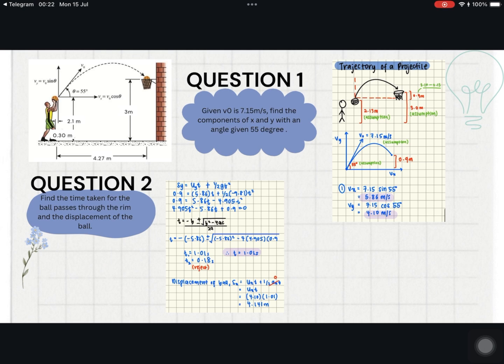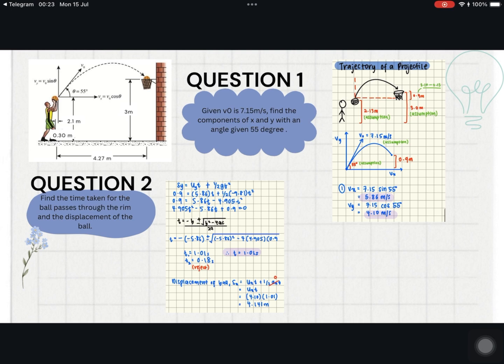So for the first question, given V initial is 7.15 meter per second, find the x and y components with an angle given of 55 degrees. So 7.15 meter per second is the resultant velocity. We can find the x component and y component with trigonometry.